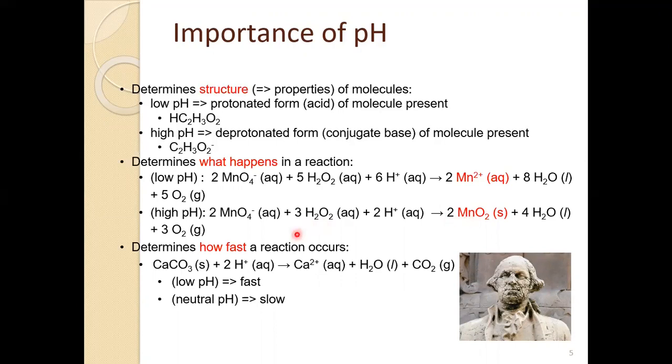And this is an important reaction because if we are trying to preserve our statues, which are primarily composed of calcium carbonate, and they're exposed to the elements, especially acidic rain will speed up this process. So that solid calcium carbonate that the statue was composed of will eventually break down to calcium ions, water, and carbon dioxide, and that process will occur much more quickly when the conditions are acidic.